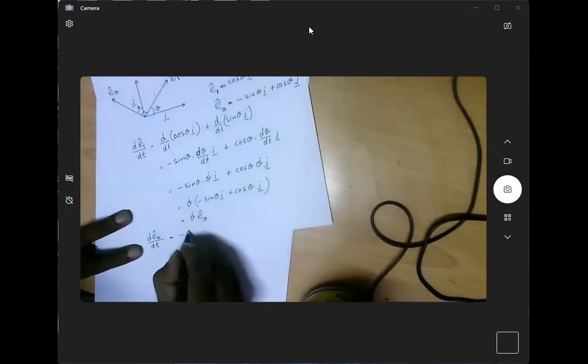So this should be minus theta dot times e_r.